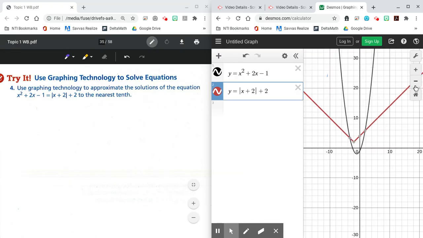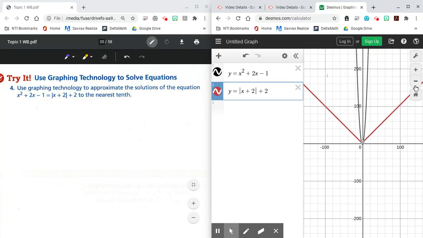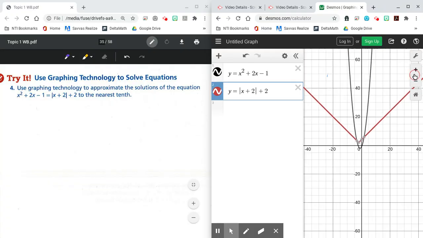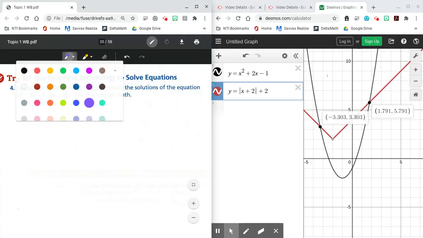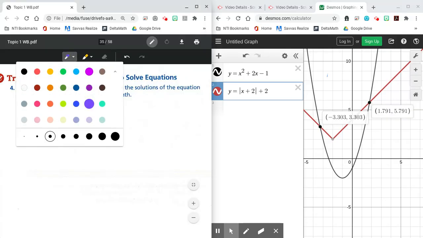I'm going to zoom out just to make sure there are no more intersections. And remember, the x values are your solutions. Now this one is further along in the examples because the solutions are approximate, they're not exact values. But it does say approximate the solution to the equation to the nearest tenth.